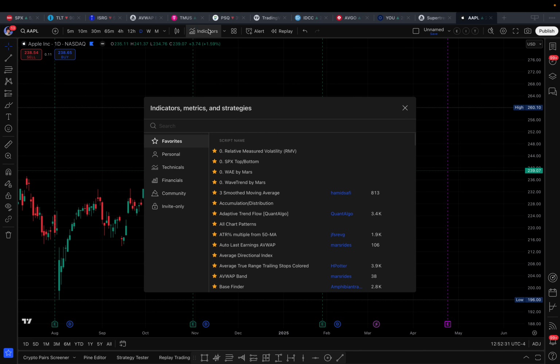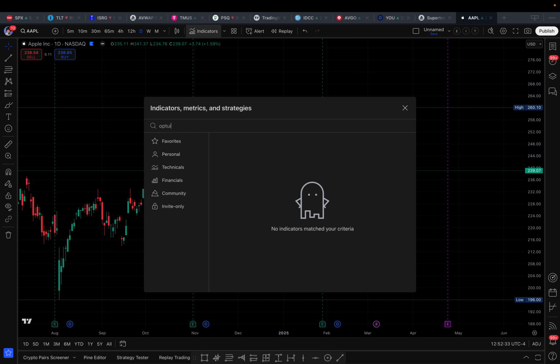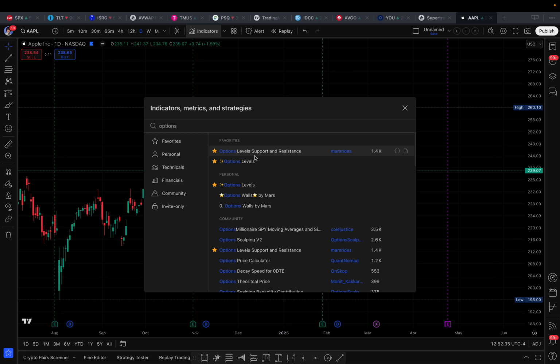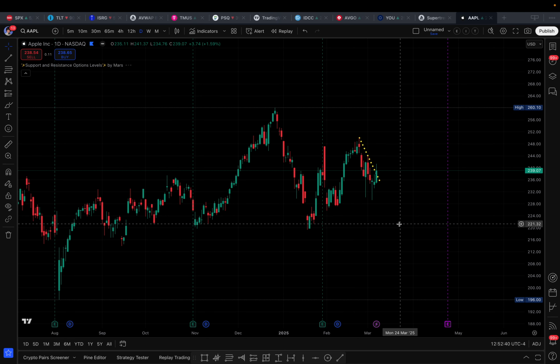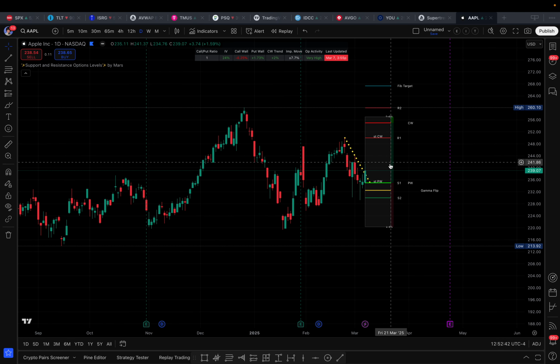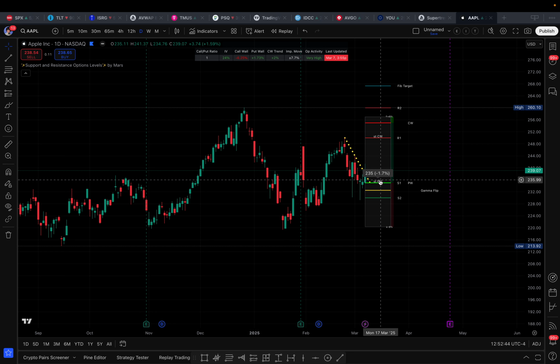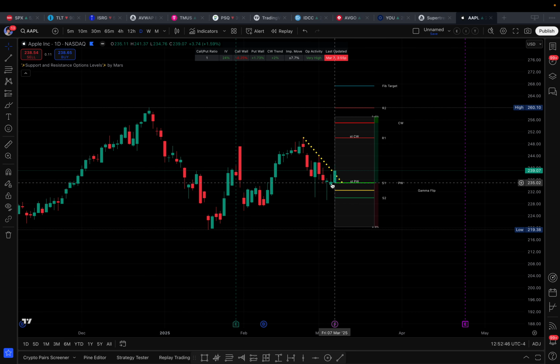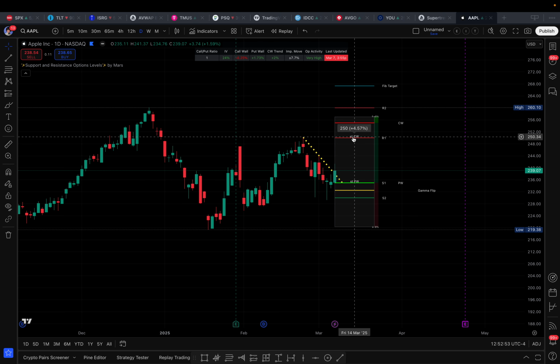I like to put my options levels, support and resistance, also free on TradingView. We use options data to check levels, and I like that. I like that the put wall was support last Friday, and it's sitting at 235, and we have a lot of room here.